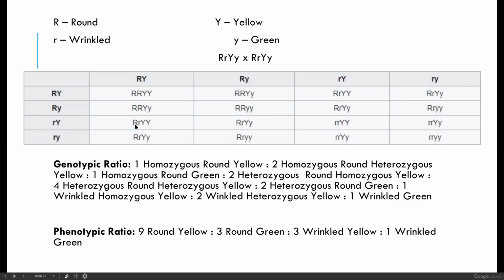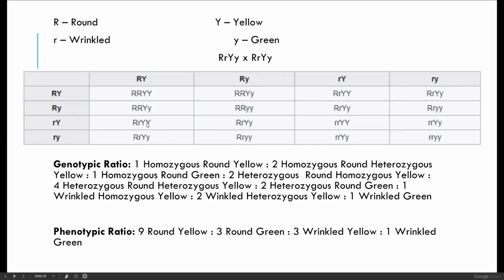Heterozygous round. Have you seen? Can you check it on your screen? Grade 9. Heterozygous round with homozygous yellow.